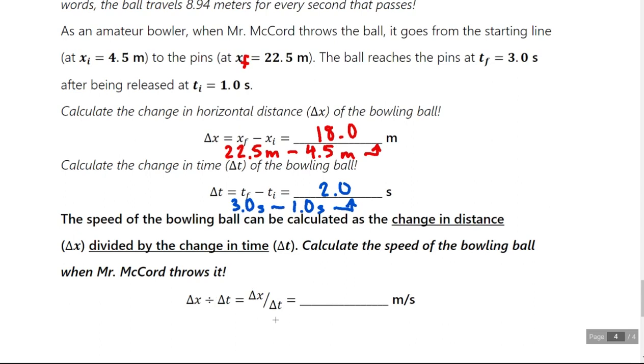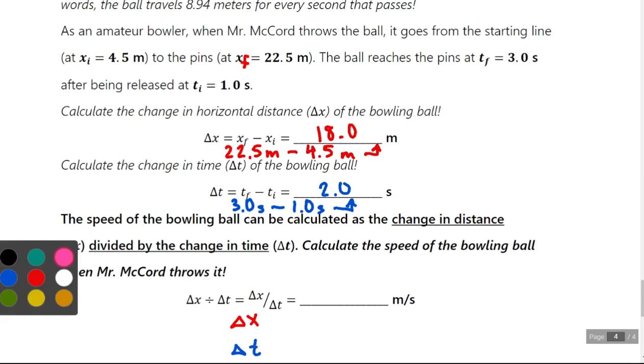I like to do it on top of each other like this: delta x over delta t. And that will be equal to the speed of the ball, how far it moves based on how quickly it got there.